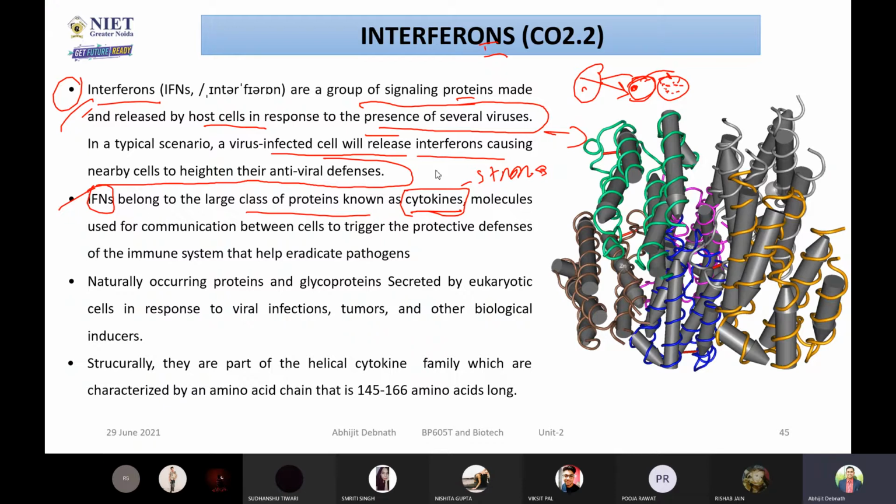When it increases a lot, it will again create a problem. If cytokines are released in large amounts, then again it will be a problem. That's why you have seen the word cytokine storm in case of SARS-CoV-2. These are molecules used to communicate between the cells to trigger the protective defenses of the immune system that help to eradicate the pathogen.